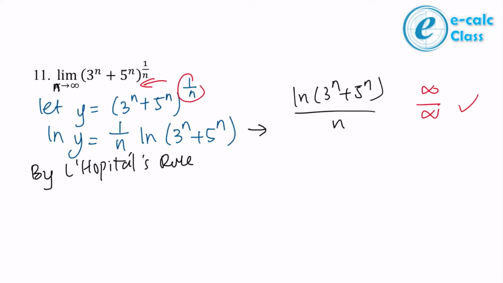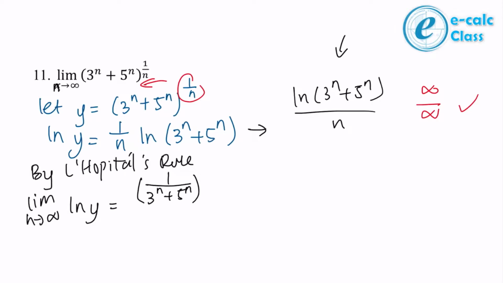Okay? So now it will be the limit as n approaches infinity of ln y. It is equal to, you go and differentiate this, it is 1 over 3 to the n plus 5 to the n. Then you need to multiply with the derivative inside, which is 3 to the n ln 3 plus 5 to the n ln 5.